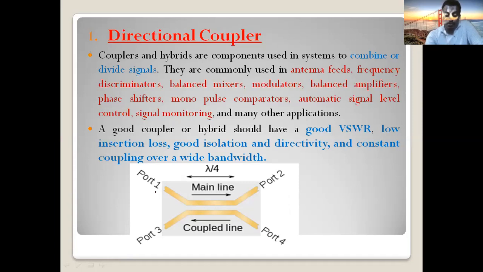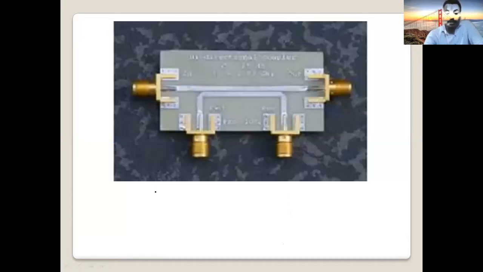It has 4 ports. So as you can see here, this is a typical directional coupler with 4 ports. One port here, port number 1, we call this the input port.